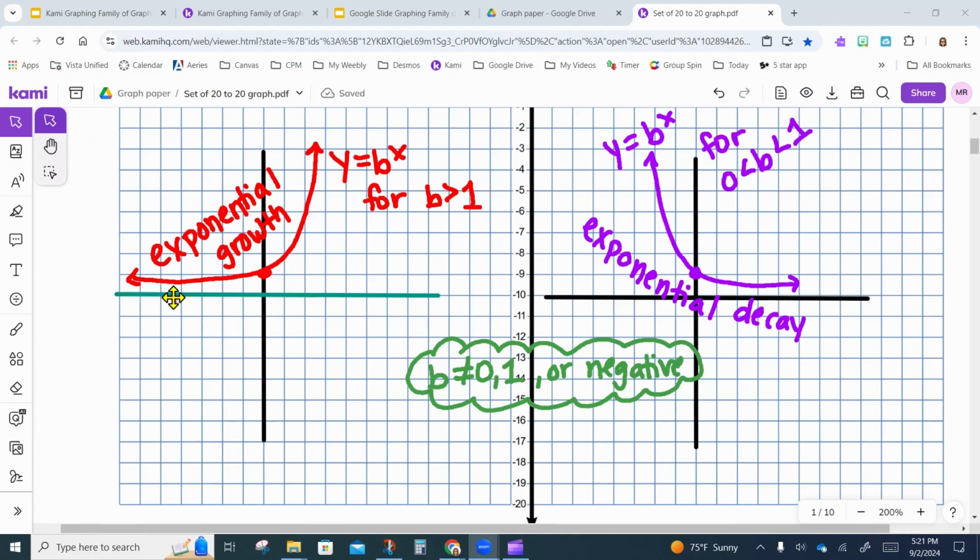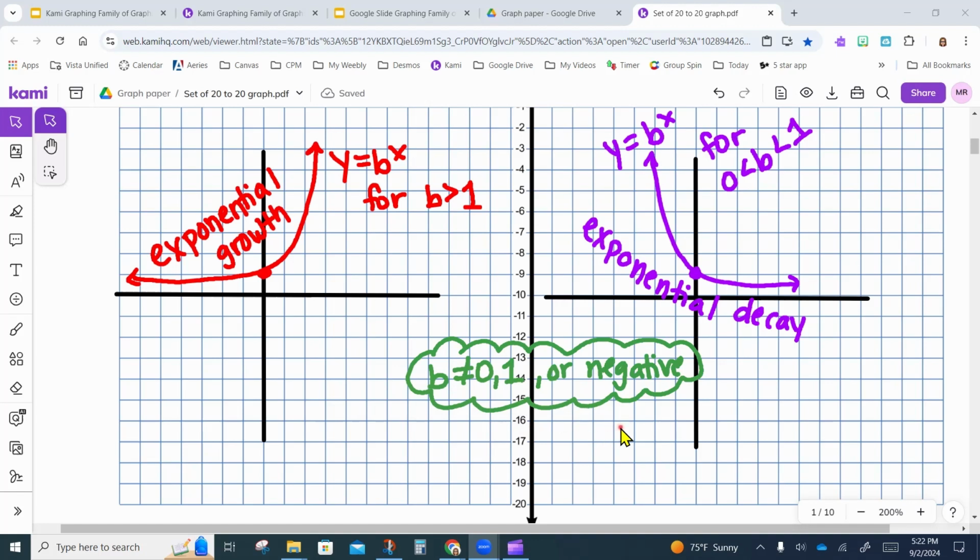So over here, again, if my b is greater than 1, it is going to be exponential growth. If my b is between 0 and 1, a decimal fraction between 0 and 1, it is going to be an exponential decay. Your base cannot be 0, it cannot be 1, it cannot be a negative.